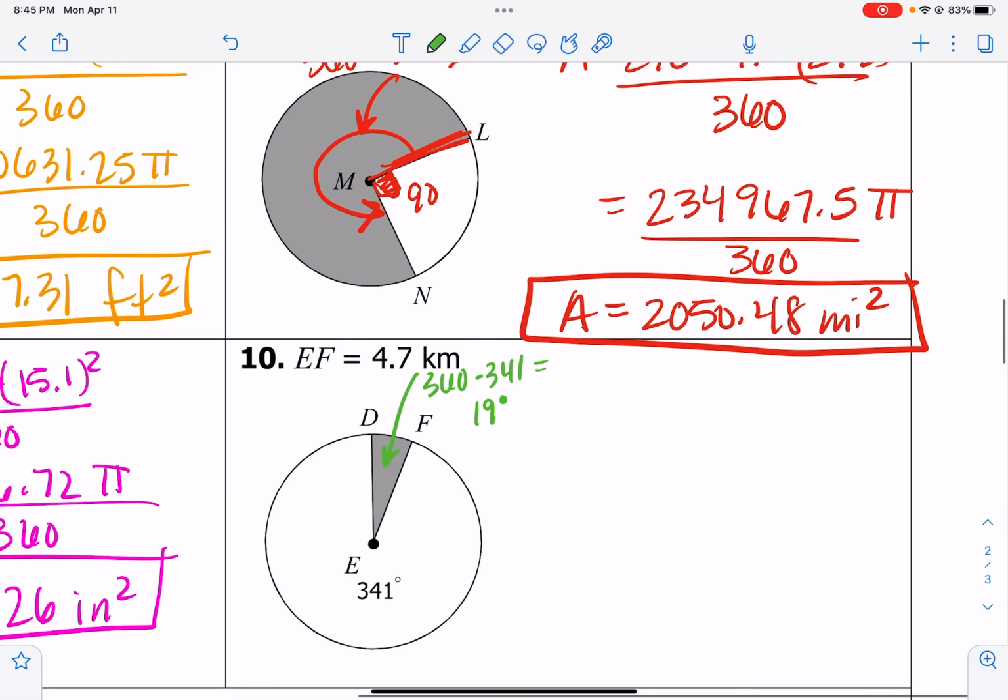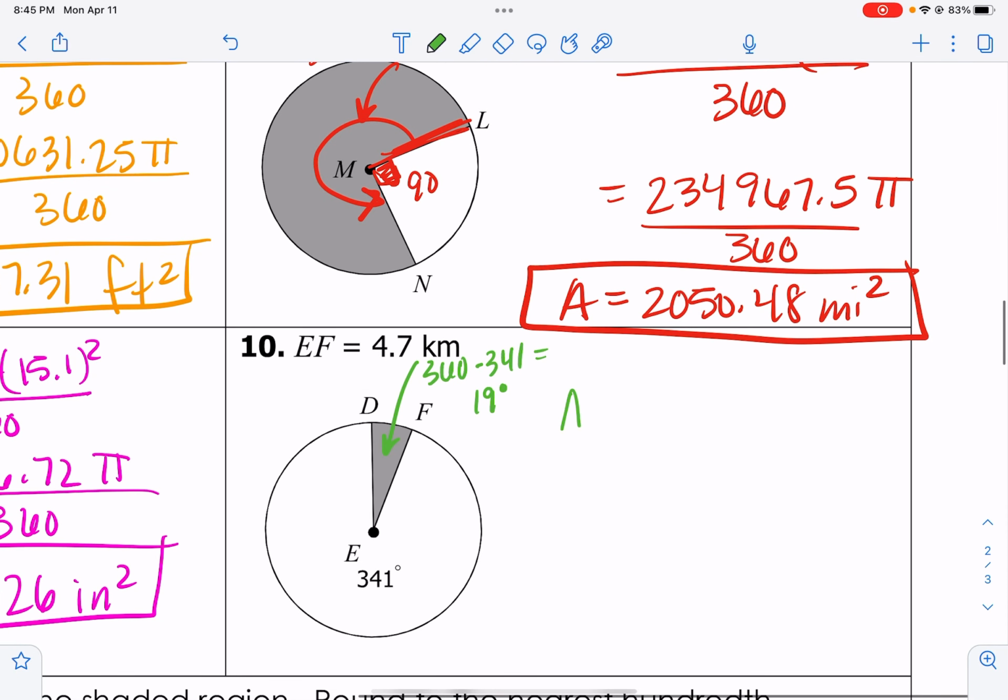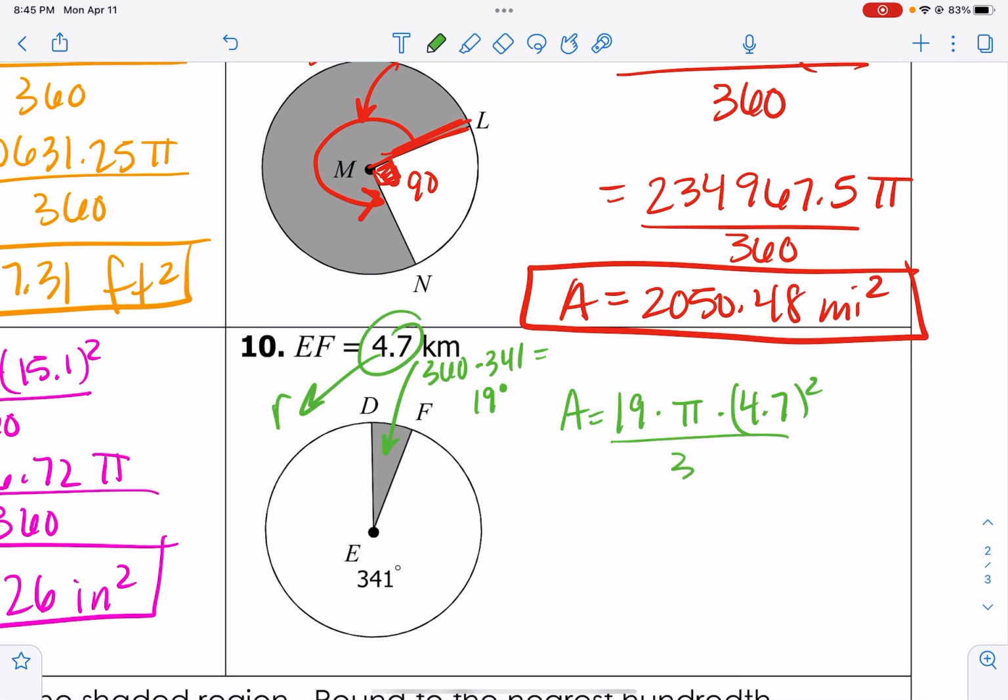So when I fill this out, area equals my arc, which is 19, times pi times my radius, 4.7 squared. This is my r, divided by 360. Constants come to 419.71 pi over 360. So that my total area is 3.66 kilometers squared.